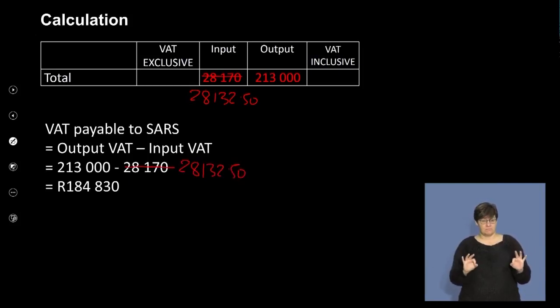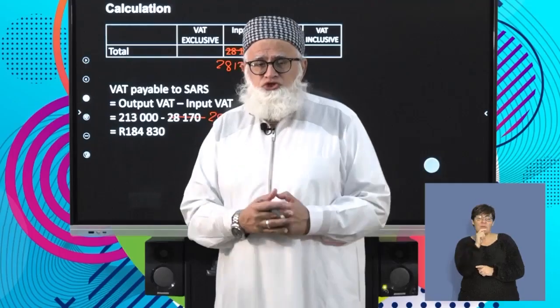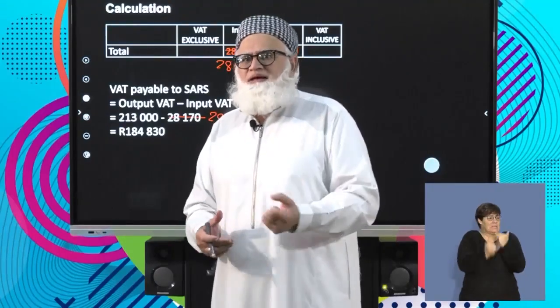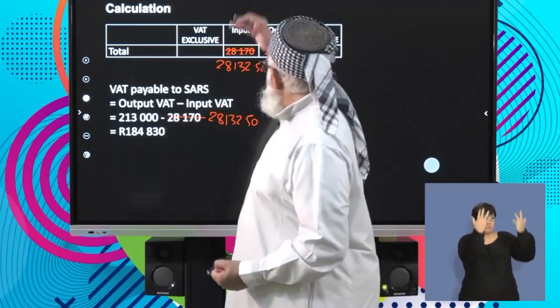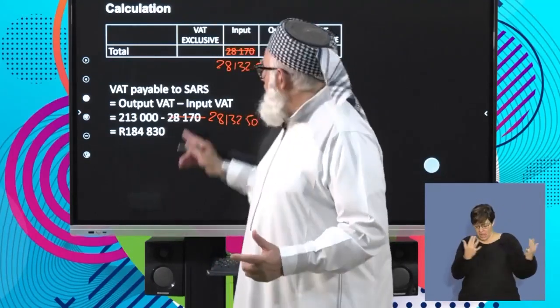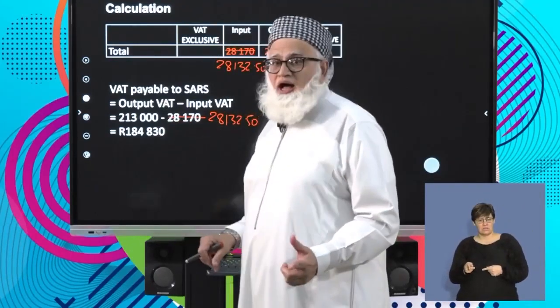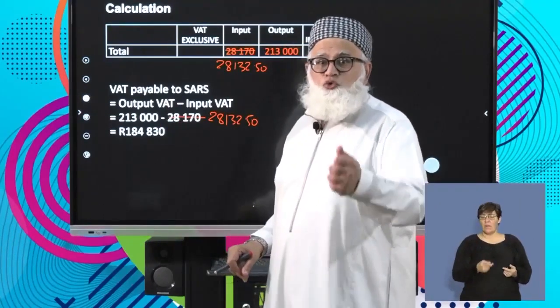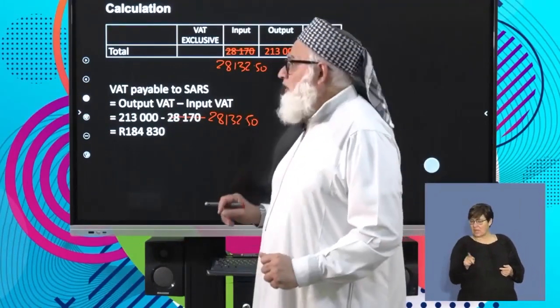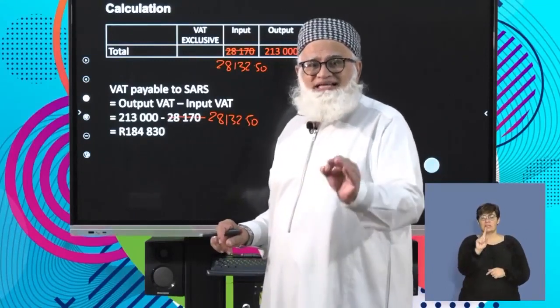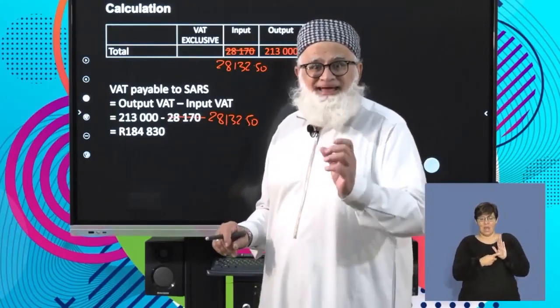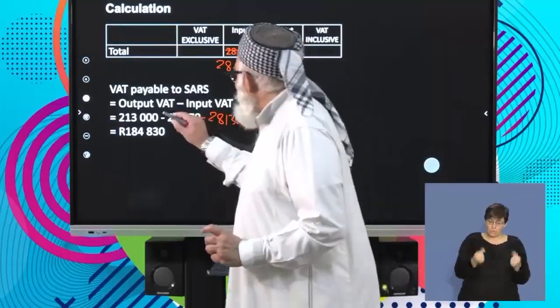28,132.50. Right. Now, a question arises, interesting that it happened here, so we can use it to our advantage. What if you make a mistake in your calculations, but when you're working out your amount as the final figure, you will notice that this is what we call in accounting a method mark. So these would be method marks here.